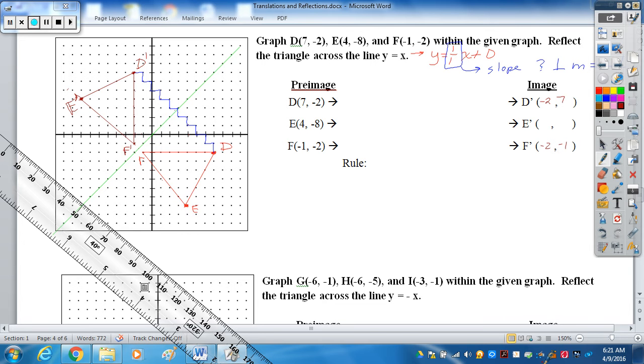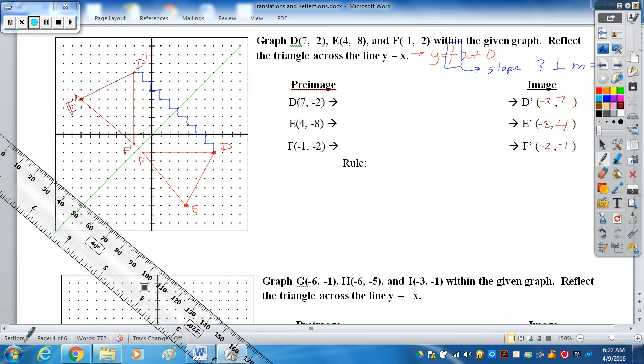So as you look at that, it looks to me like we're flipping the x and the y. Well, let's flip the x and the y here and see if it's the exact same. Negative 8, positive 4. So if I do that, 1, 2, 3, 4, 5, 6, 7, 8, 1, 2, 3, 4. We're exactly right, negative 8, positive 4.